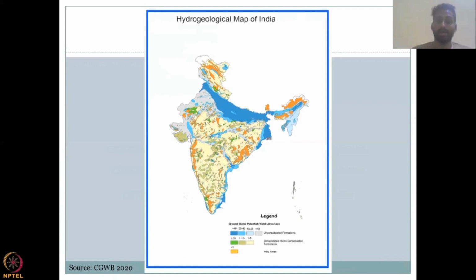So the ideology is, with good surface water potential, there is also good groundwater potential. And these also demarcate unconsolidated formations. When we say formations, it is the formation of the geological unit or the rock, and they are mostly unconsolidated, which means they are not jam-packed or structured. It is broken in some areas, irregular, and that irregularity causes a lot of space in between the rocks.